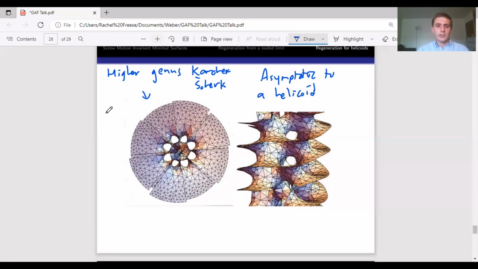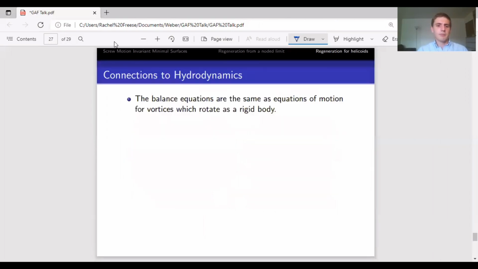All right, so that's just a few of the examples. I'd love to talk about some others if you're interested. And to kind of close it, another interesting tidbit is the connection between these balanced equations and questions in hydrodynamics, especially when it comes to vortices.